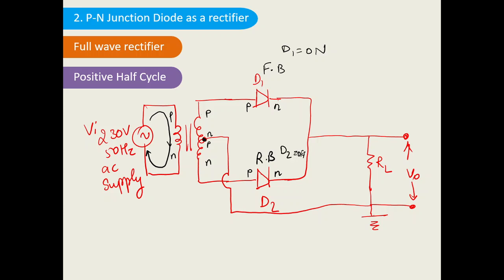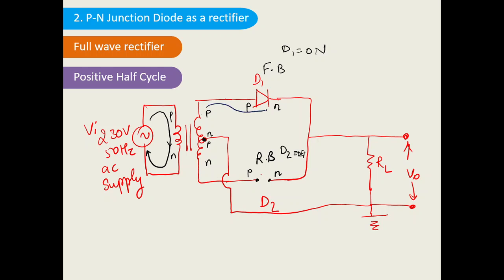Since it is off, you can replace this by an open circuit. So I will erase this part and it will be replaced by an open circuit such that no current will flow through this diode D2. Okay, so in what direction will the current flow? The current will flow in the direction I'm showing, from positive to negative. It will start from positive.